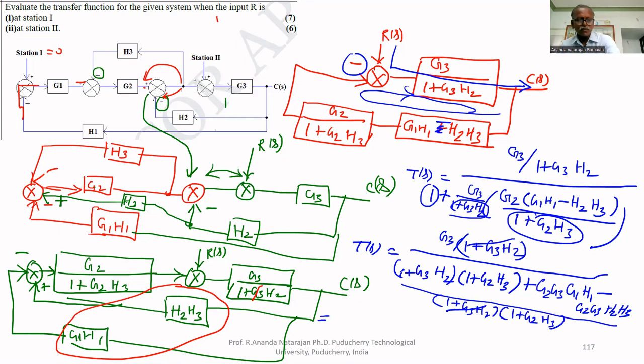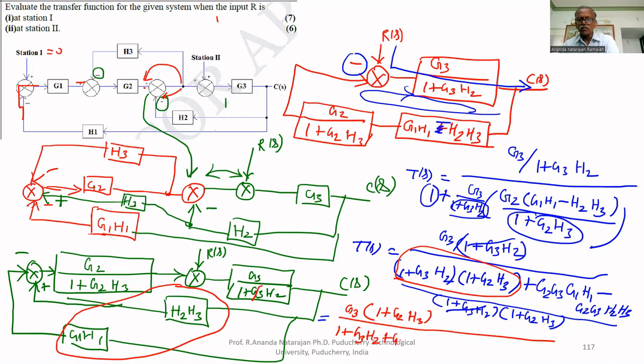Therefore, the overall transfer function equals G3 multiplied by 1 plus G2H3, whole divided by, these two will become 4 terms, that is 1 plus G3H2 plus G2H3 plus G2G3H2H3 plus this term G2G3G1H1 minus G2G3H2H3.